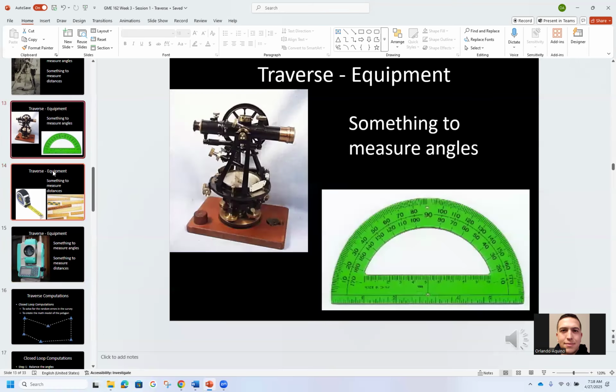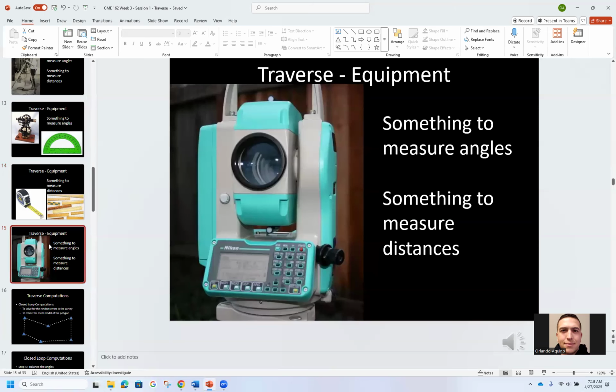And then starting in the late 70s, early 80s, comes the invention of the total station. That started the revolution of surveying with technology, right? Nowadays, total stations are the go-to. That's the basic survey equipment that everybody uses because it does everything.